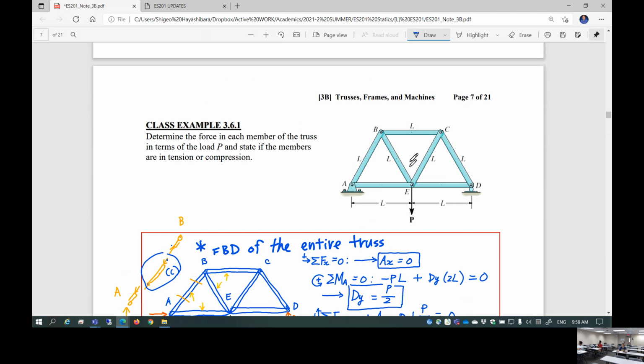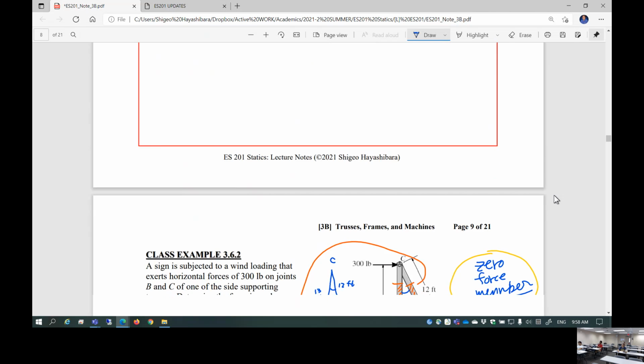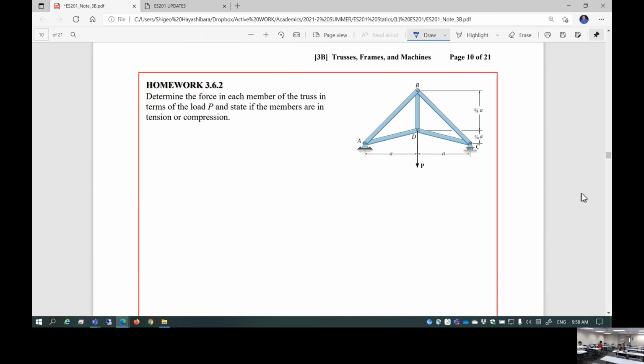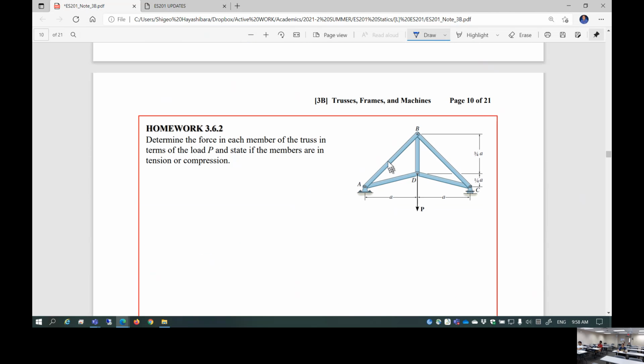Oh, okay, kind of similar to this case because this is all symmetric structure. So remember what we did? We only find out this, because everything else is mirror image. So this is probably a fairly simple problem because all you need is this and this and that.